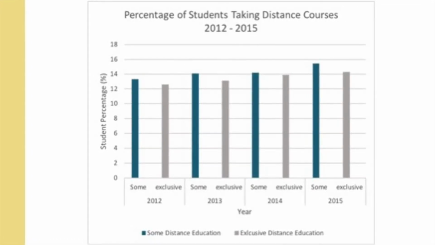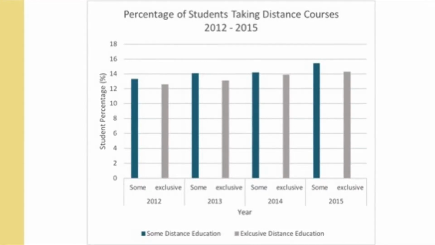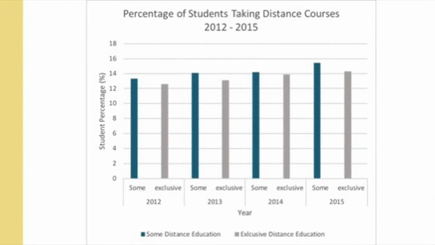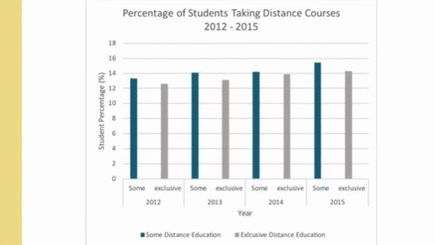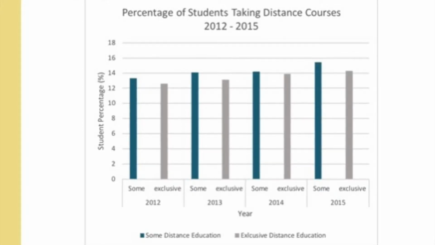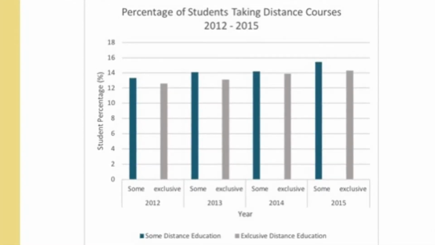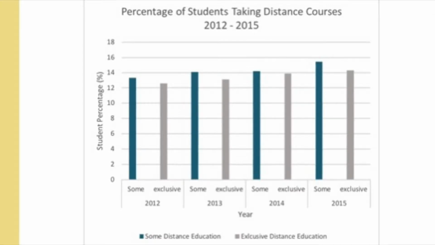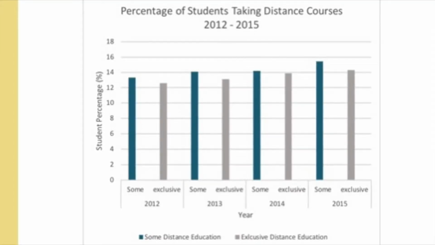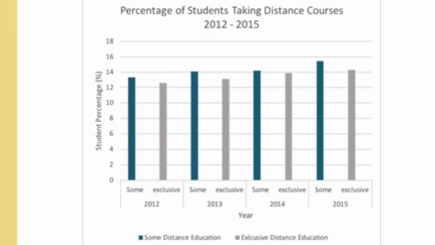Three years later, in the fall of 2015, this number had decreased to 20,266,367 students. If you look at this graph, you will see that distance education continues to grow as the years have gone by, while enrollment in higher education institutions has seen a decrease.